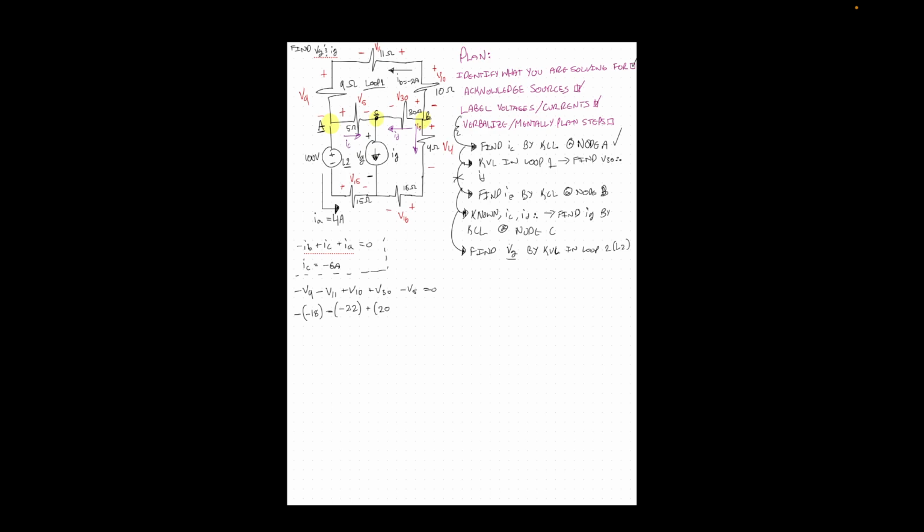And from this, my V30, so plus my V30 and minus my V5. So minus my V5 is going to be minus, and my passive sign convention says IC, so it's -6 times 5, which is -30. So I'm going to have a minus -30 equals 0.